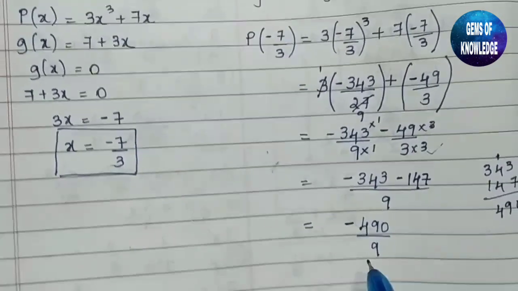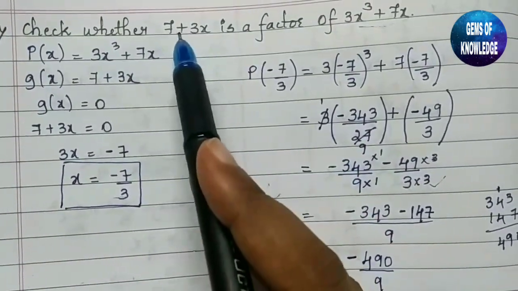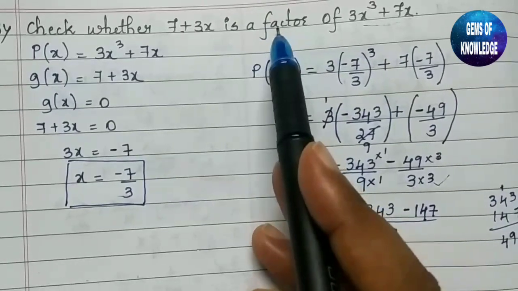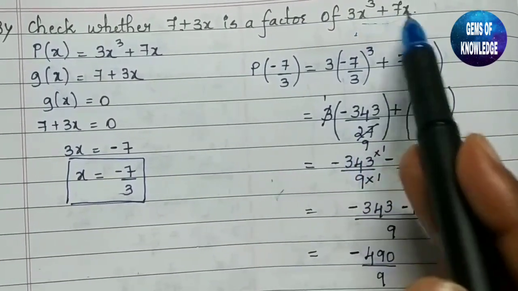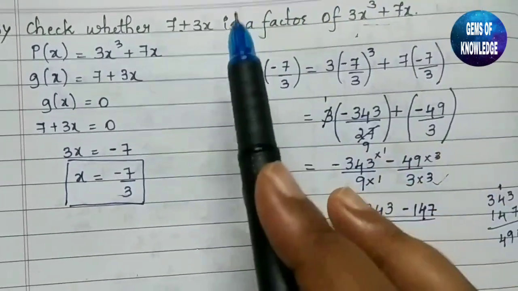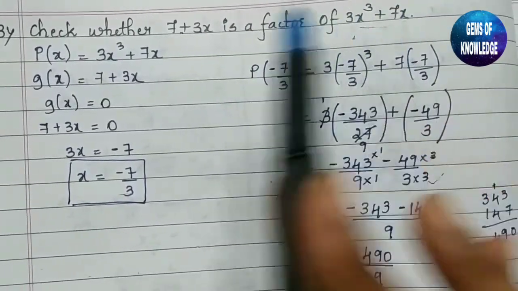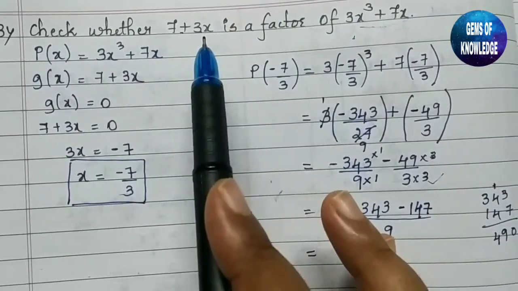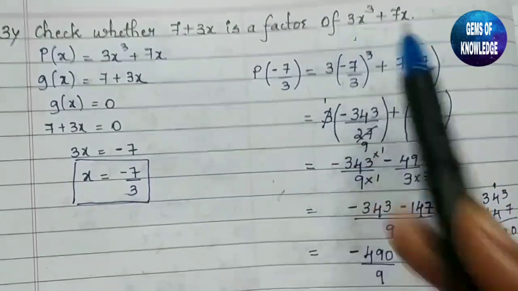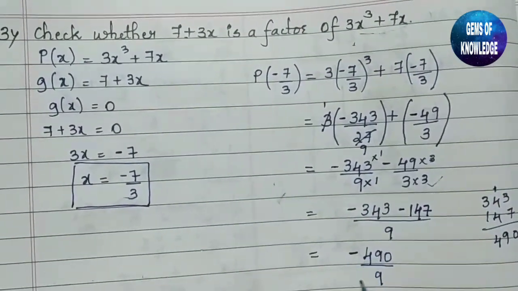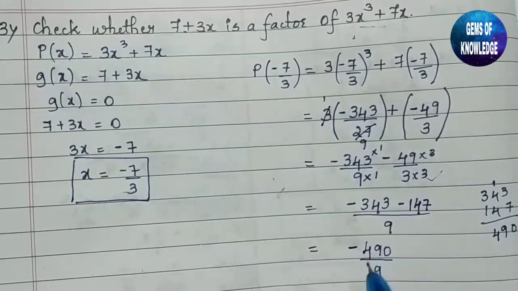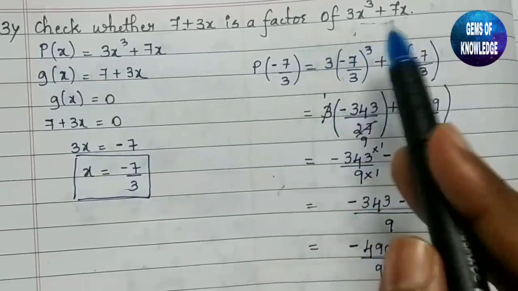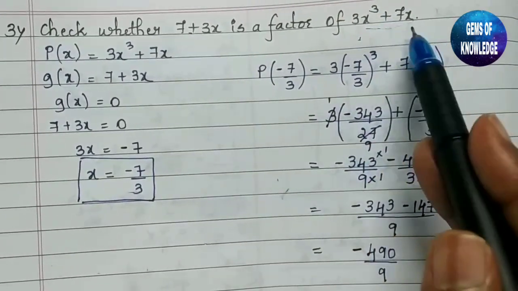So directly we can say that this 7 plus 3x is not a factor of 3x cube plus 7x. If 7 plus 3x was a factor of this term, then we would have got the answer 0. Since we are getting this answer, it is not a factor of 3x cube plus 7x.